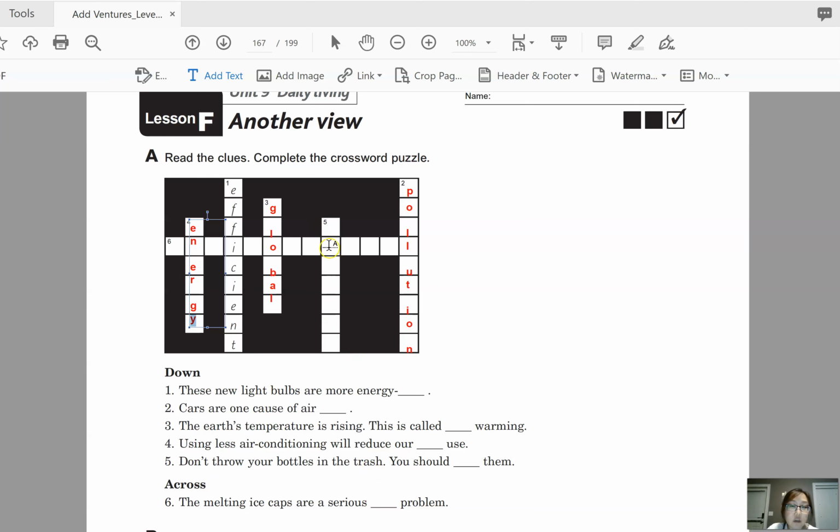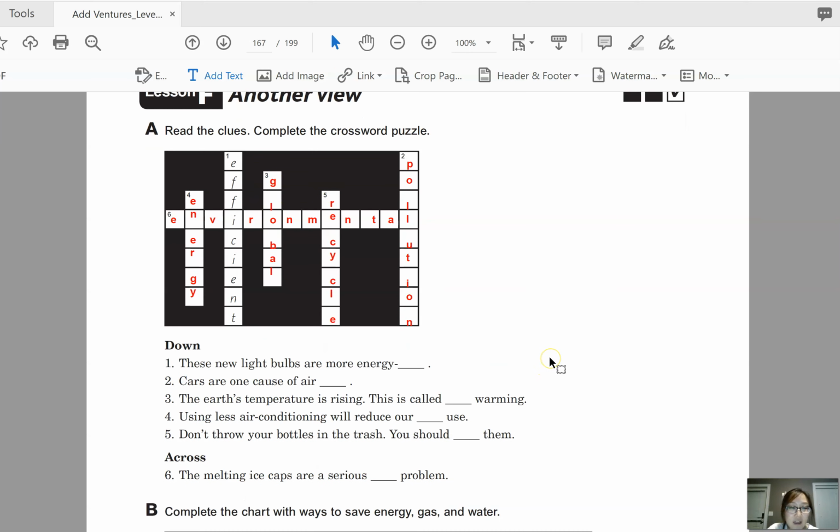You should recycle them. And finally number 6, the melting ice caps are a serious, and that's right here, serious environmental problem. I know it's kind of messy and the letters are all over the place, but you understand how to do this activity.